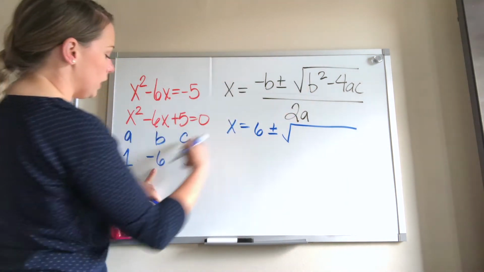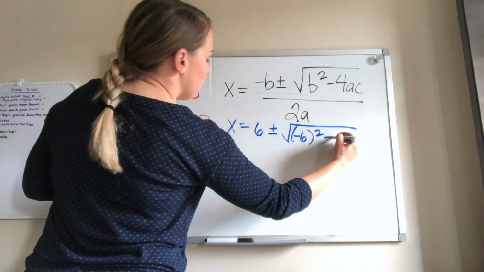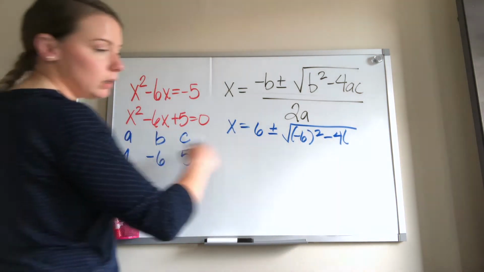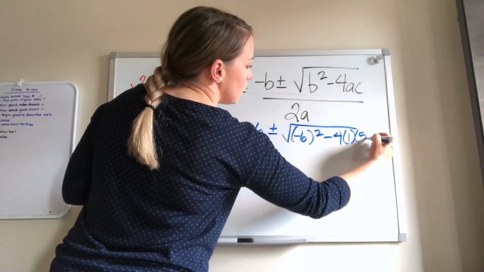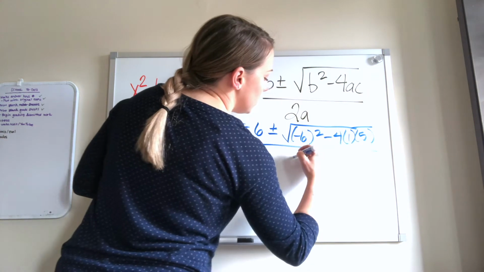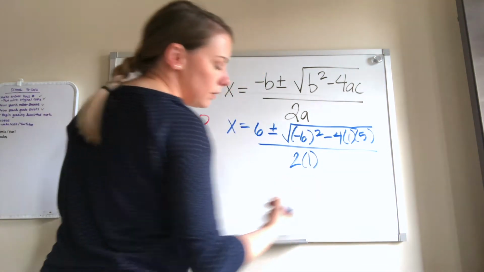I have b squared, so I actually have negative 6 squared, minus 4 times a, which is 1, times c, which is 5, all over 2 times a, which is 2 times 1.